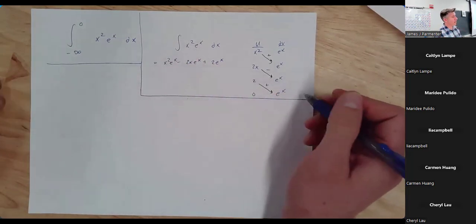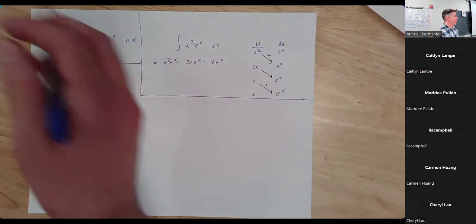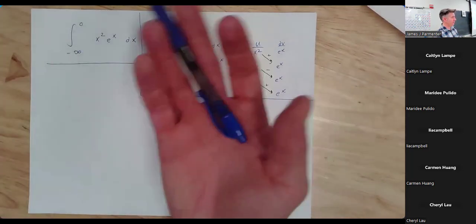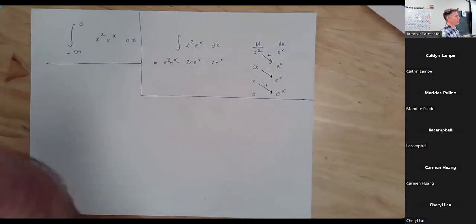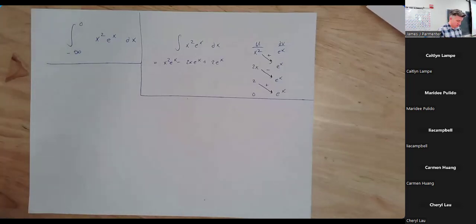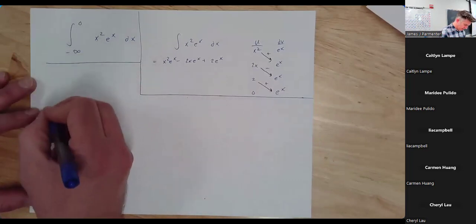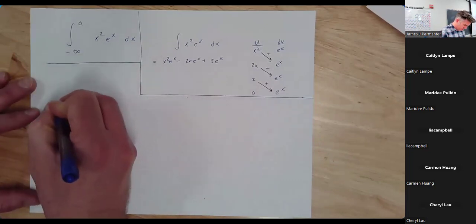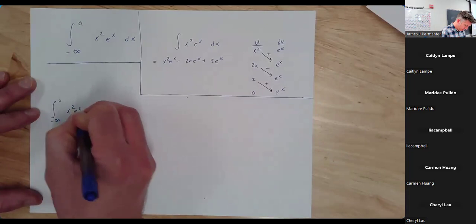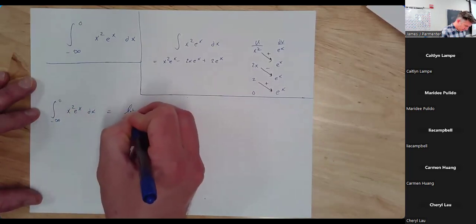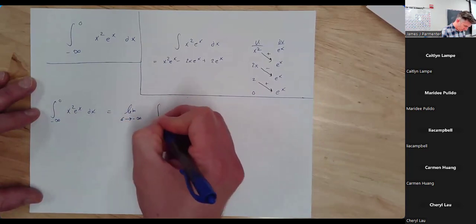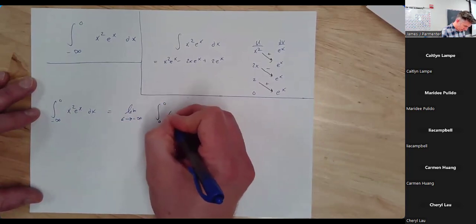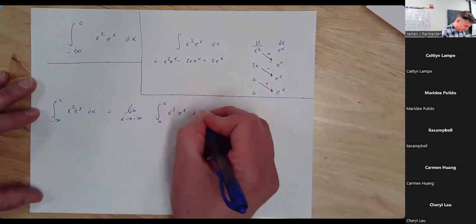The reason I'm doing that is so that when I do the improper limit as b goes to whatever, I don't have to carry all of that by doing integration by parts once or twice. So I'm going to think of this now as the limit as a approaches negative infinity of the integral from a to 0 of x squared times e to the x.